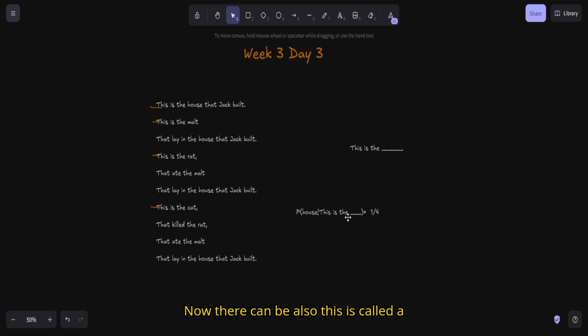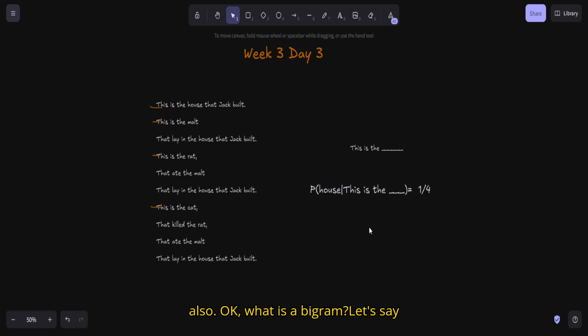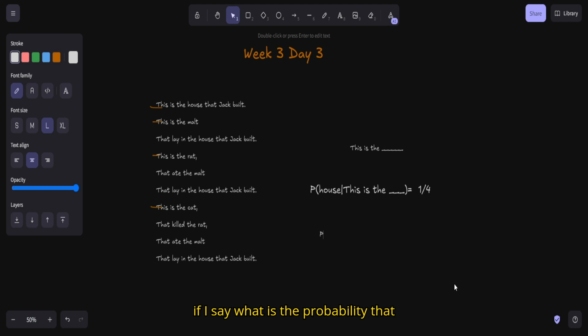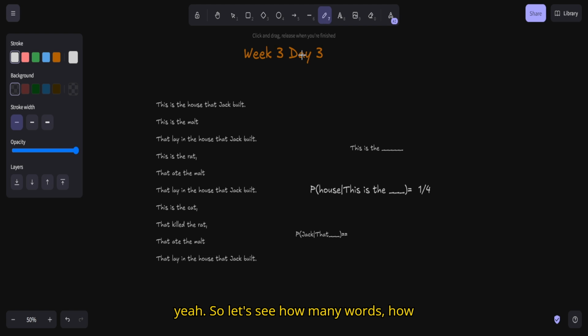Now this is called a 4-gram, and there can be a bigram also. What is a bigram? Let's say I ask what is the probability that we'll have jack after "that". Let me delete this for a second. Let's see how many have the word "that".